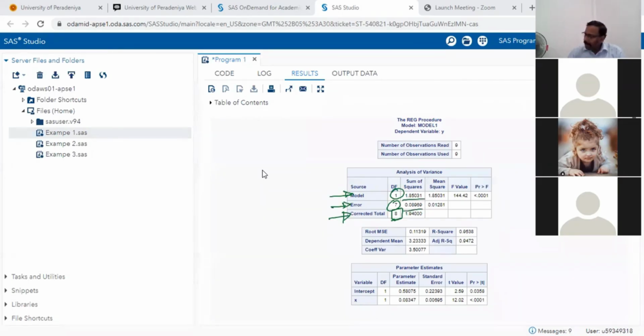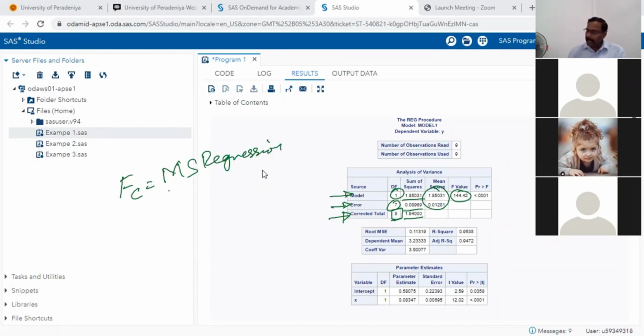They are sums of square. I don't want to describe how they are calculated. Everybody knows how to calculate the sums of square manually. So here it has calculated. Now we have the mean square. F calculated value is the mean square of regression.